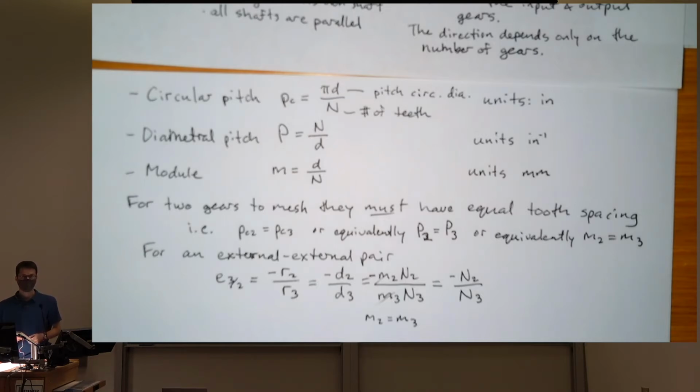I don't know, they might make some metric gears that have some strange module number that equates to some value in inches. But usually if you buy gears in inches, they're only going to mesh with other imperial gears. So whenever you start a problem, whichever one they give you, either the metric units or imperial units, I recommend you stick with those units for the whole problem. Yeah. You're welcome. Any other questions?